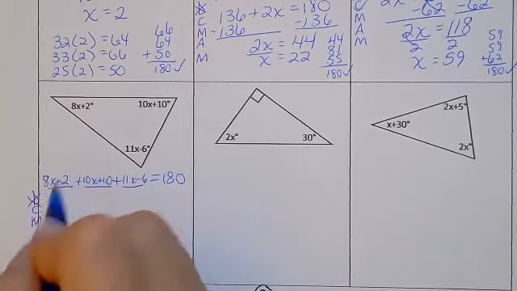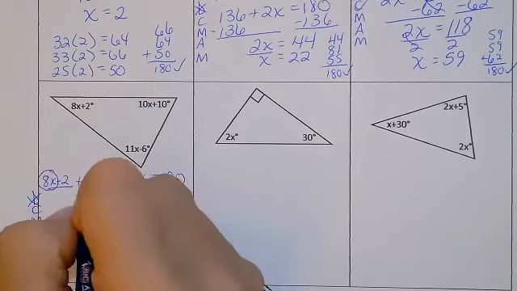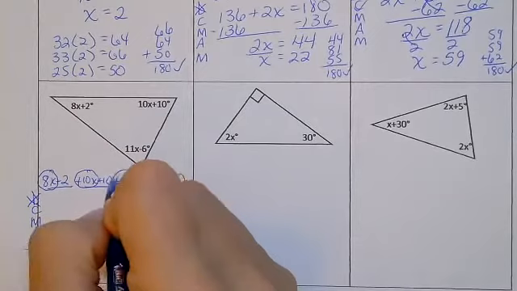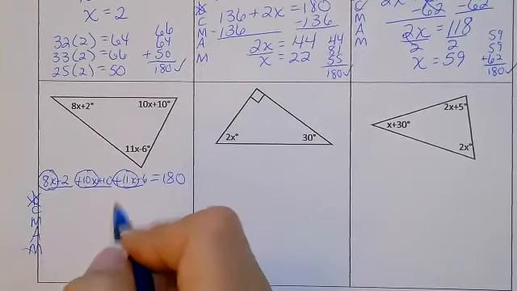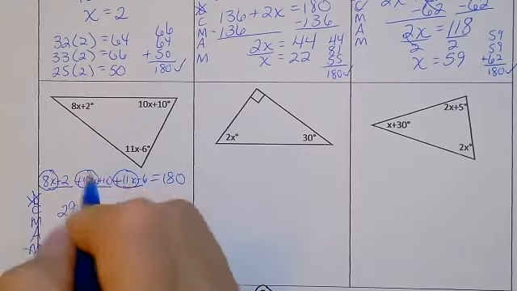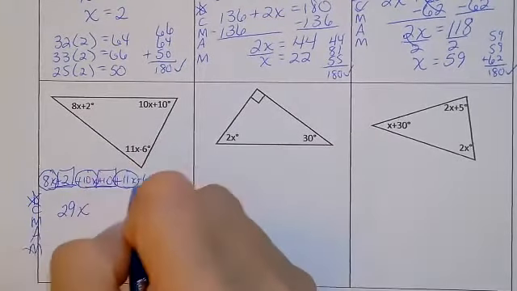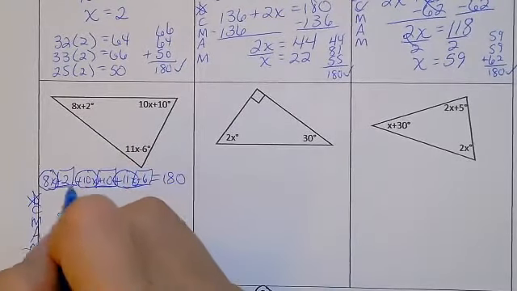Don't need to distribute, but I do need to combine. Going to combine 8x plus 10x plus 11x. That gives me 29x. Lots of x's. Then I'm going to combine 2 plus 10 minus 6.